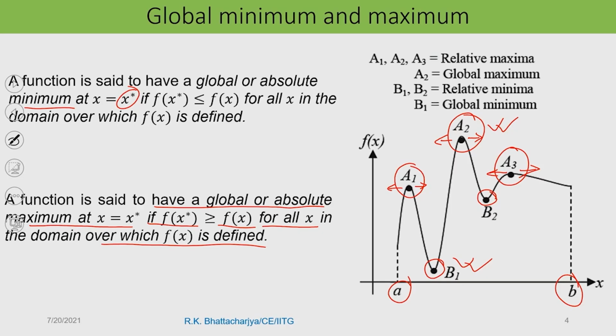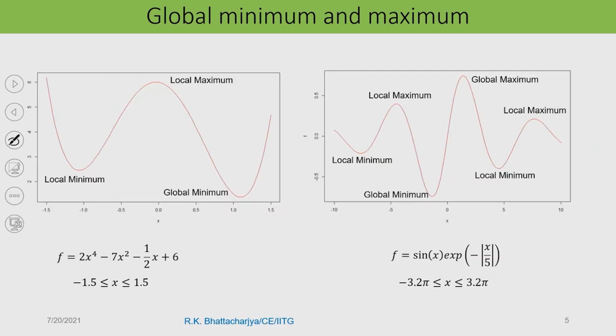What we call a global solution is the best solution over which the function is defined, for either a minimization or a maximization problem. In this function, b1 and a2 are the best solutions. So, b1 is the global minima and a2 is the global maxima, and all other solutions are either local maximum or local minimum solutions. Now, I have shown here two different functions.